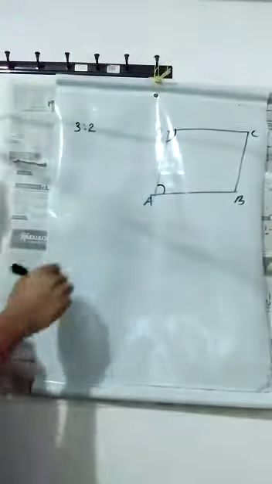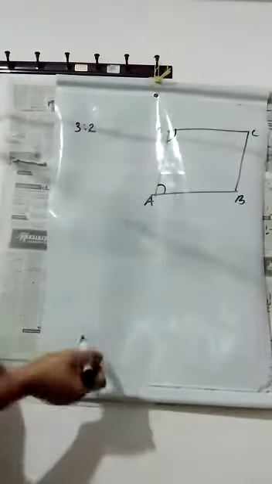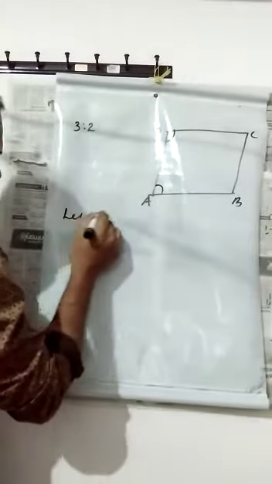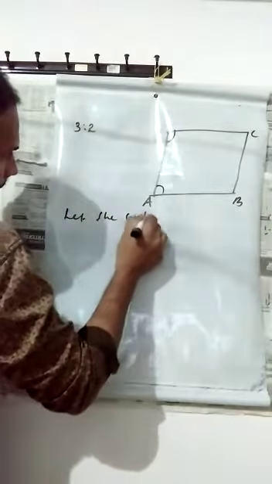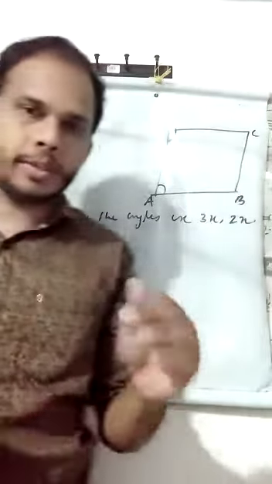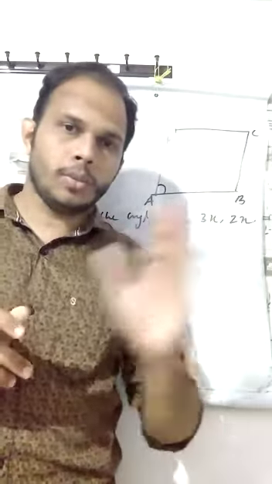Let the angles be 3x and 2x. If the ratio is given, then we can take the angles as 3x and 2x.